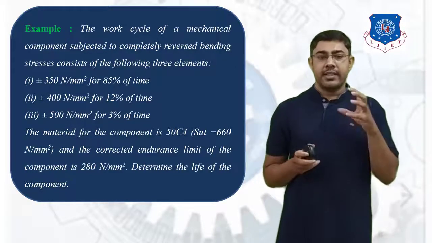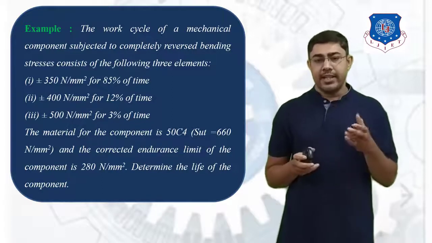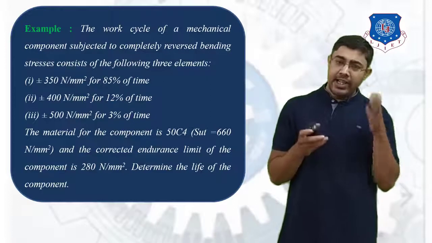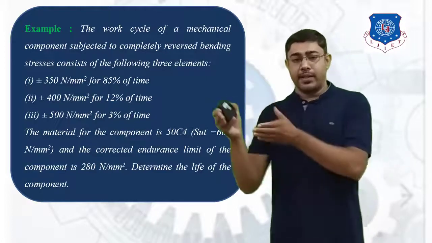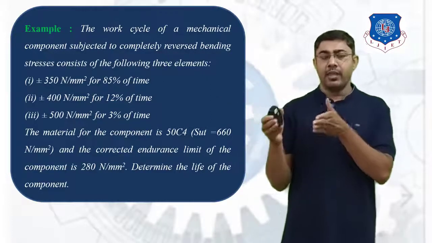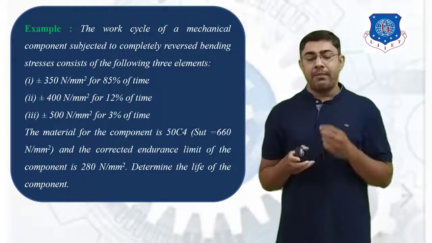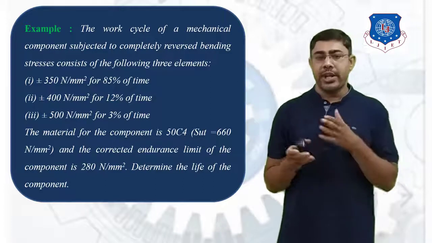So here sigma 1 is plus or minus 350 Newton per mm square, applied for 85% of the total time. So alpha 1 is equal to 0.85.